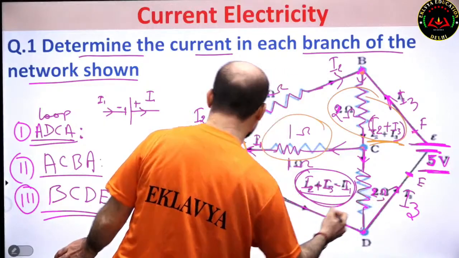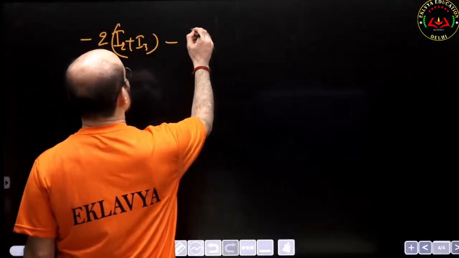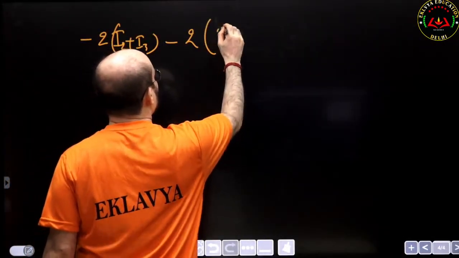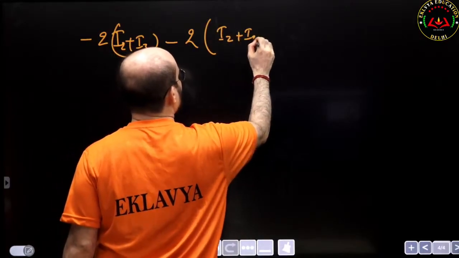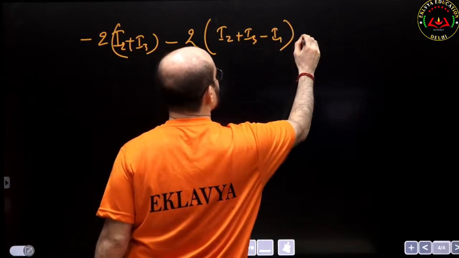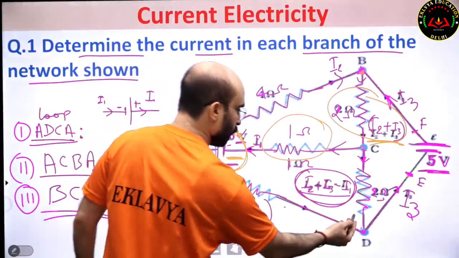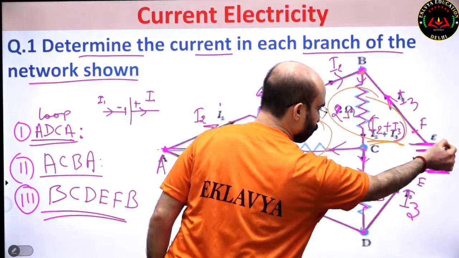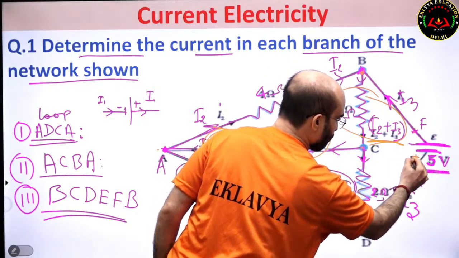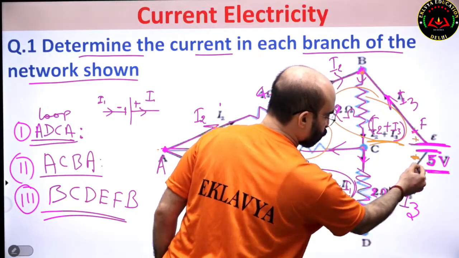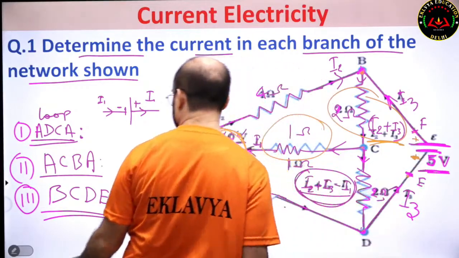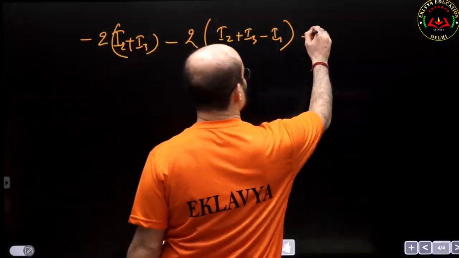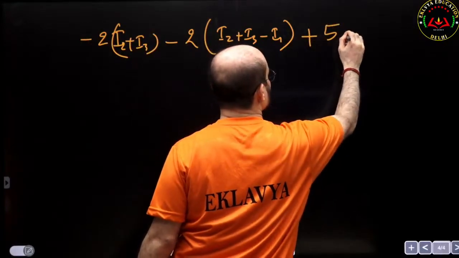Then you have minus again 2 of I2 plus I3 minus I1. From D to E, nothing. From E to F, this is the minus terminal and this is plus, so this is plus 5 volt. The negative terminal comes first, so plus 5 volt.